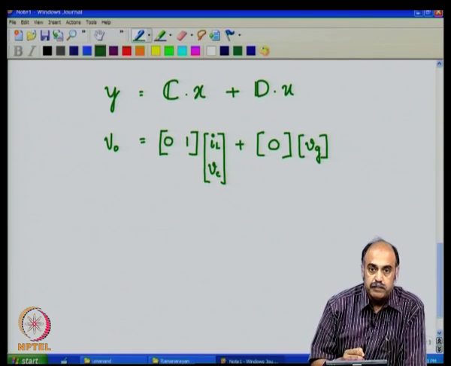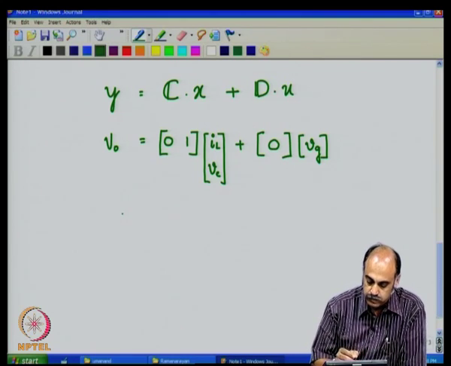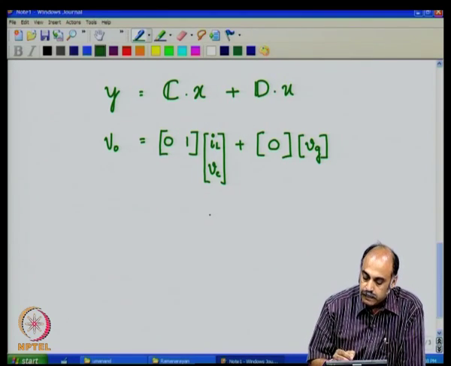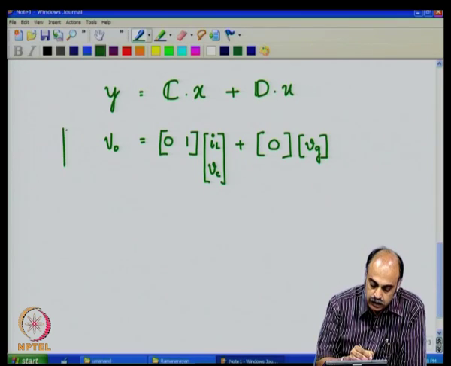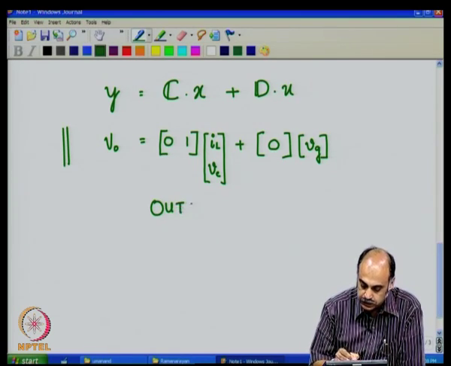So, directly the capacitor state variable value will be the output in this particular case. So, this equation is called the output equation.